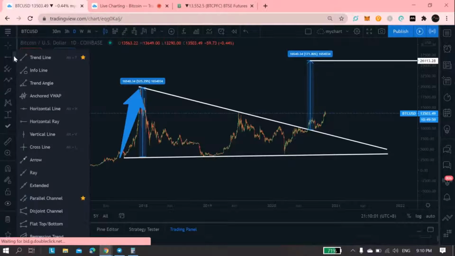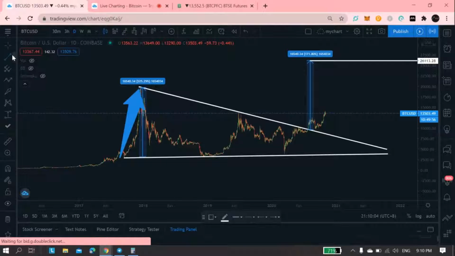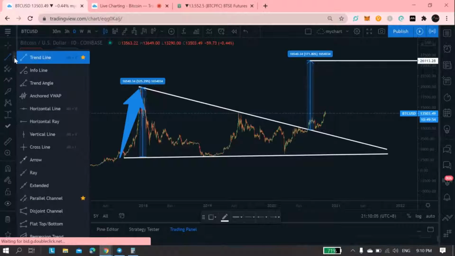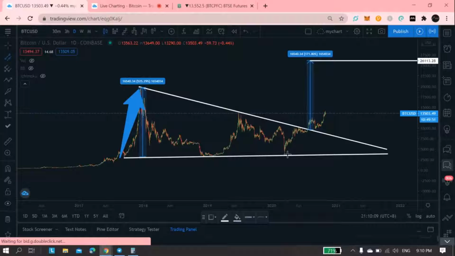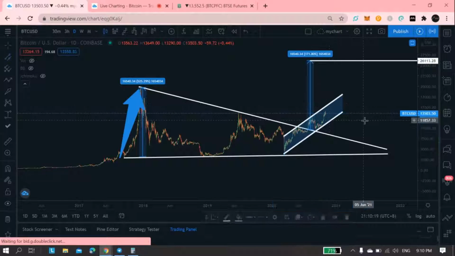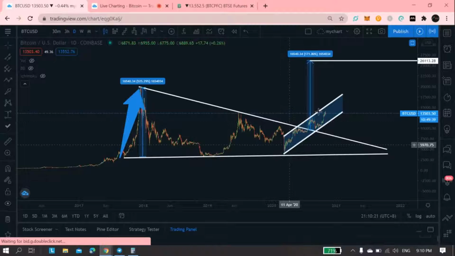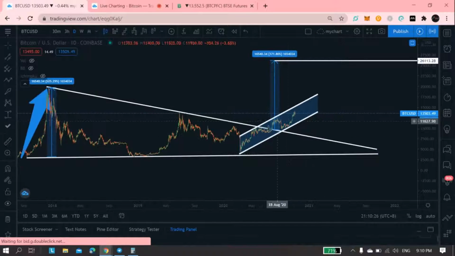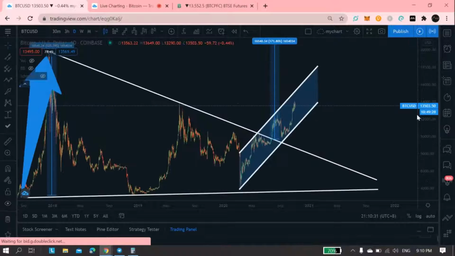So currently we are in an uptrend channel. Anyway, I'll just use this parallel channel. Right now we are trending in this upward channel after it broke out at this area around the 9,800 area.